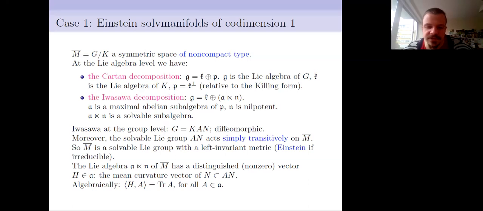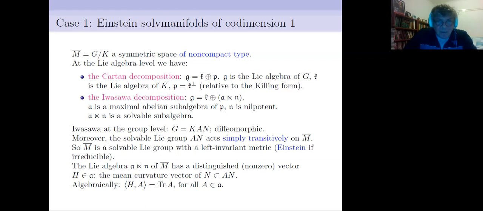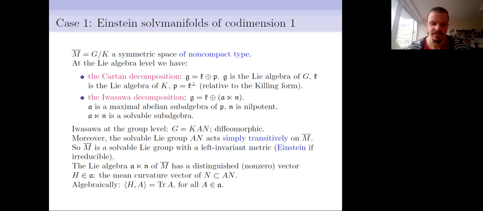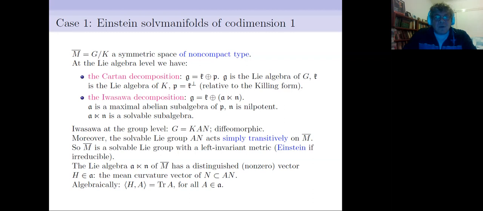What do you mean by the trace of A? Oh, sorry. Yeah, on the next slide, this is correct, but here it is the trace of ad of A. Right. So we can just write down our favorite algebra and favorite symmetric space, and very easily compute this vector H.